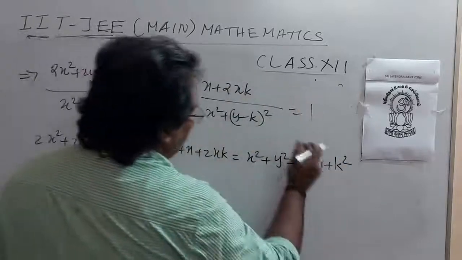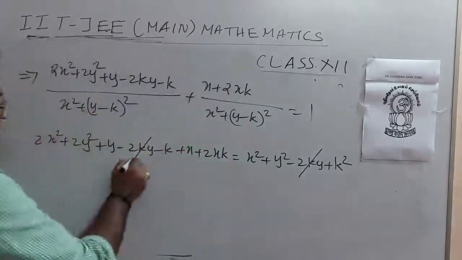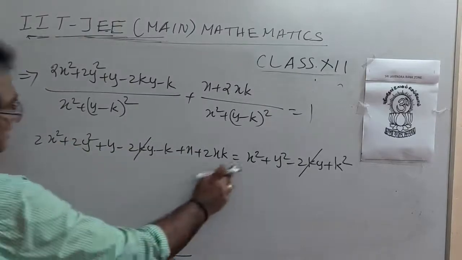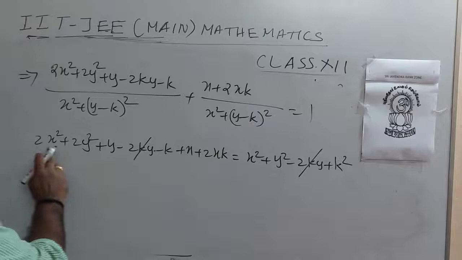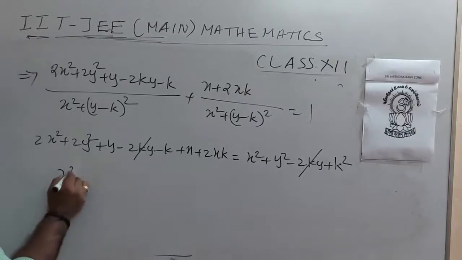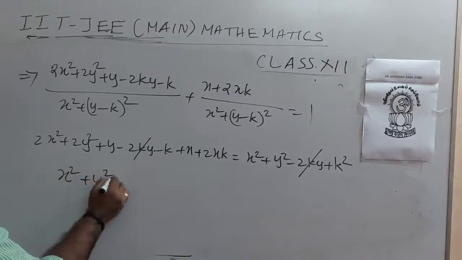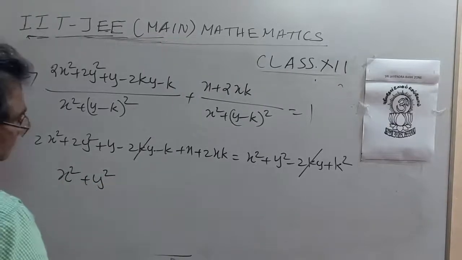You multiply this side and expand. So this minus 2ky and this will be cancelled. Bring x squared this side, so 2x squared minus x squared is x squared. Bring this side, 2y squared minus y squared is y squared.